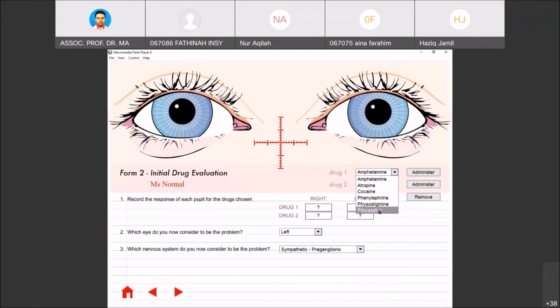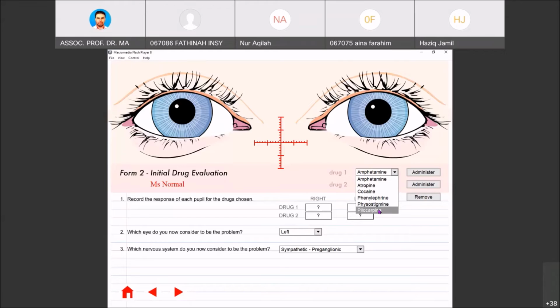So pilocarpine here, is it a muscarinic or nicotinic receptor agonist? Again, we are talking about pilocarpine here. Agonist.